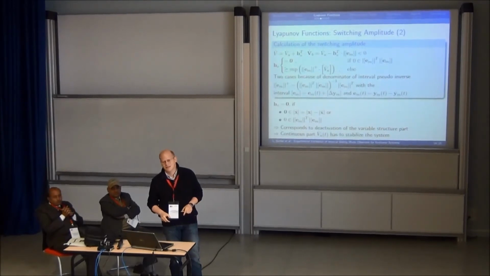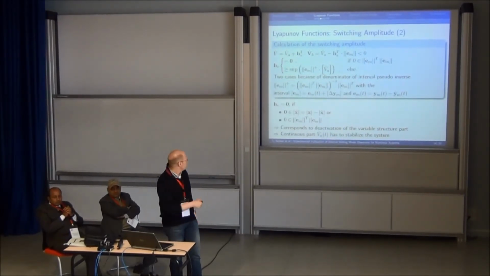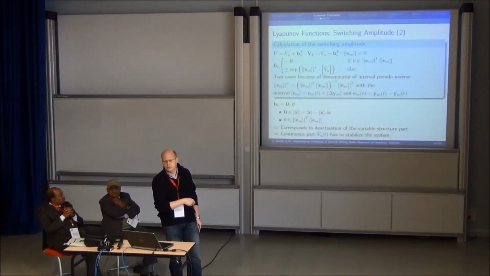Now you said something about computing, but I don't even know what an interval inverse is. I don't know how it's defined. You try to invert a matrix here according to this scheme. Pseudo-inverse is for non-square, rectangular matrices.